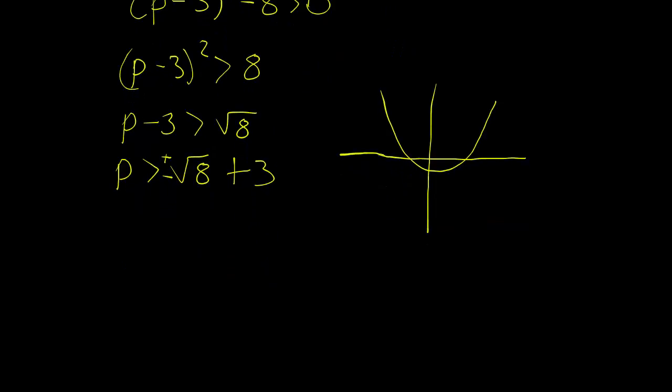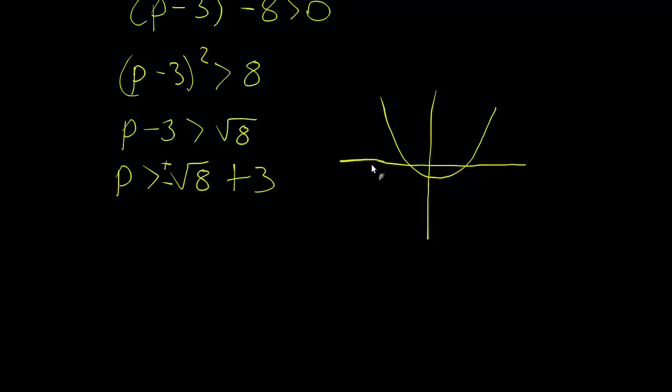This is our 0 line, where y is 0. The parts of the graph where it's greater than 0 are this section on the outside here, and this section on the outside here. This is going to be given by the solutions we found just here, so I'll draw these in.